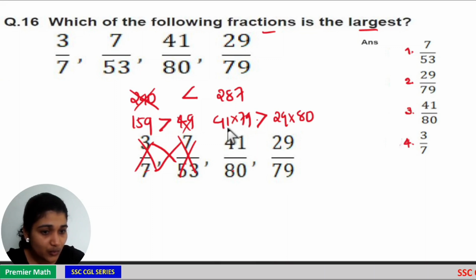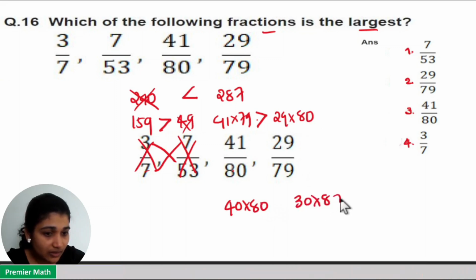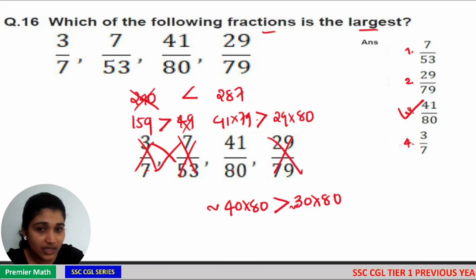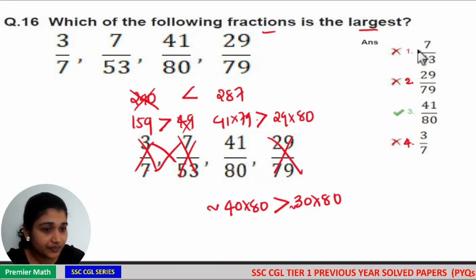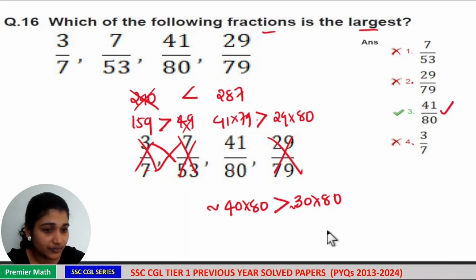That is, if we assume 41 into 79 as 40 into 80 and 29 into 80 as 30 into 80, now 40 into 80 is clearly greater than 30 into 80. So here 29 by 79 is eliminated. Option 3 is your answer. 41 by 80 is the largest fraction here.